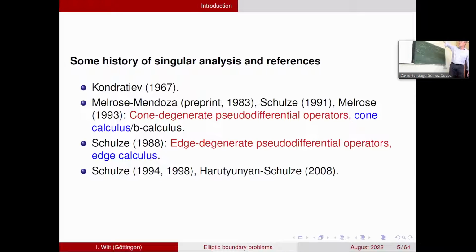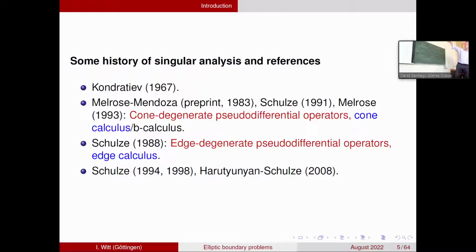Melrose later wrote a book in '93, where he basically calls it the b-calculus. There is another school, which is the school of Schulze.